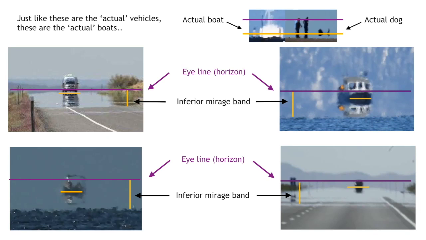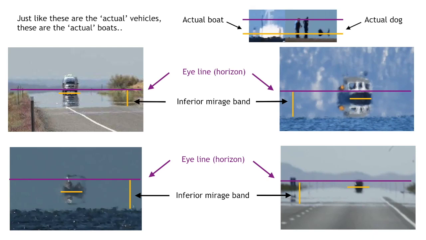And you can see the bottom of the inferior mirage where it intersects the camper, where it starts to invert. That's just a false horizon line. That's just the inferior reflection point of that object.